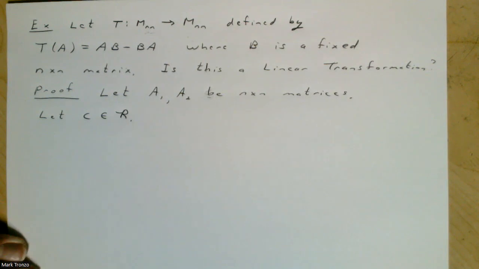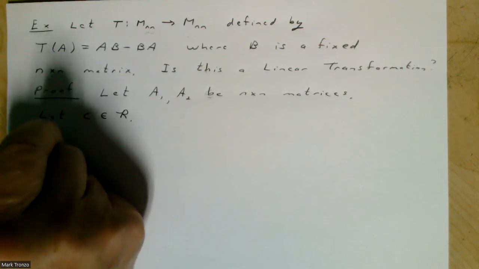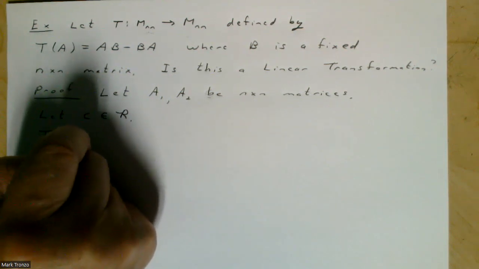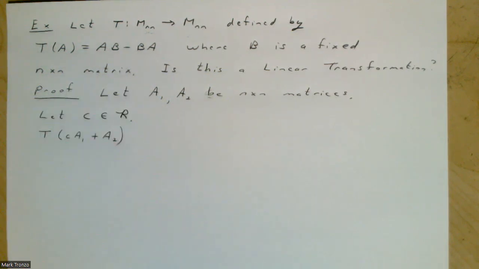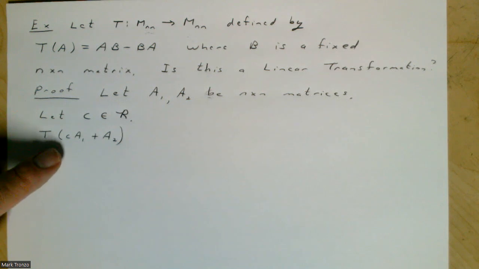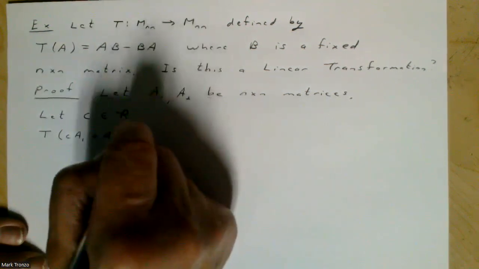When I say it's a linear transformation, remember we put in T(C A1 + A2), and we want to show that this is equal to C T(A1) + T(A2). So again, let's try this.